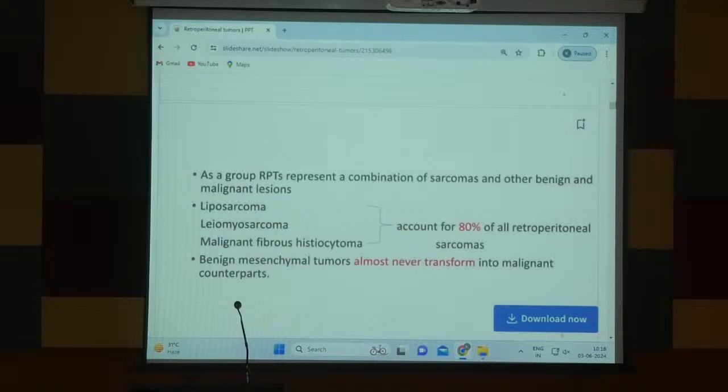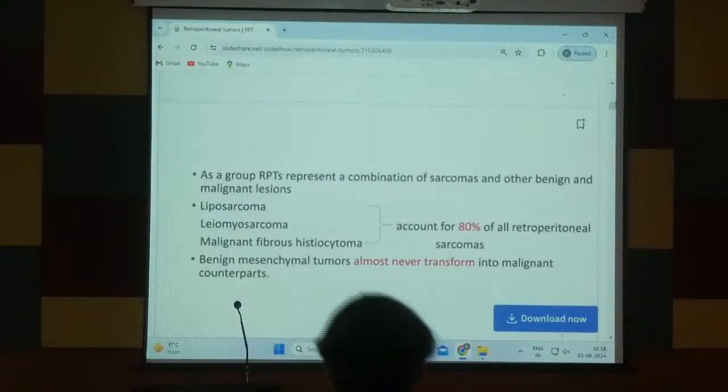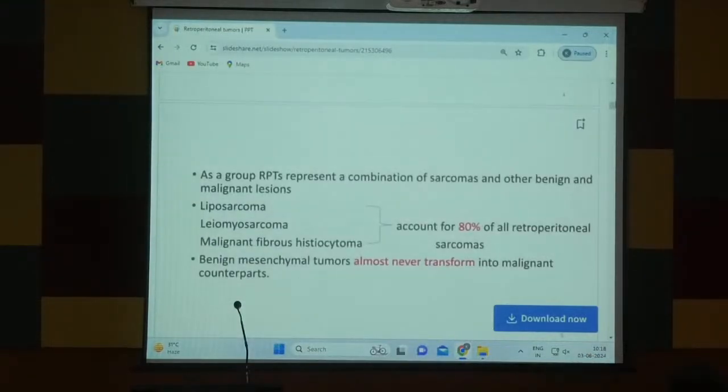Liposarcoma, leiomyosarcoma and malignant fibrous histiocytoma account for 80% of all malignant retroperitoneal sarcomas. Benign mesenchymal tumors never transform to malignancy.